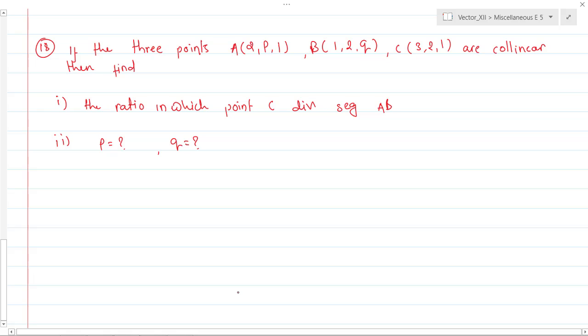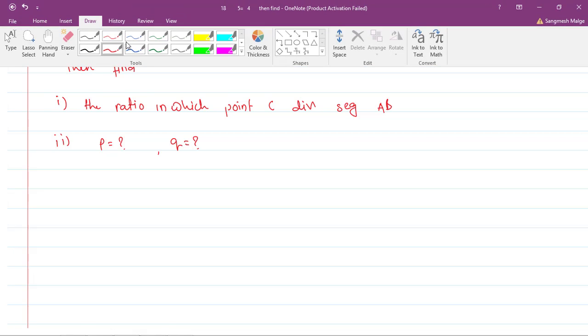Okay, so if the points A, B, C are collinear, then find the ratio in which C divides the segment AB.